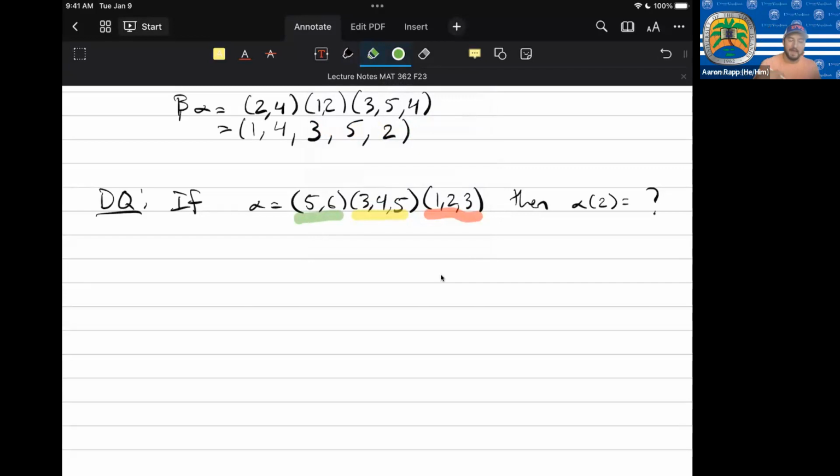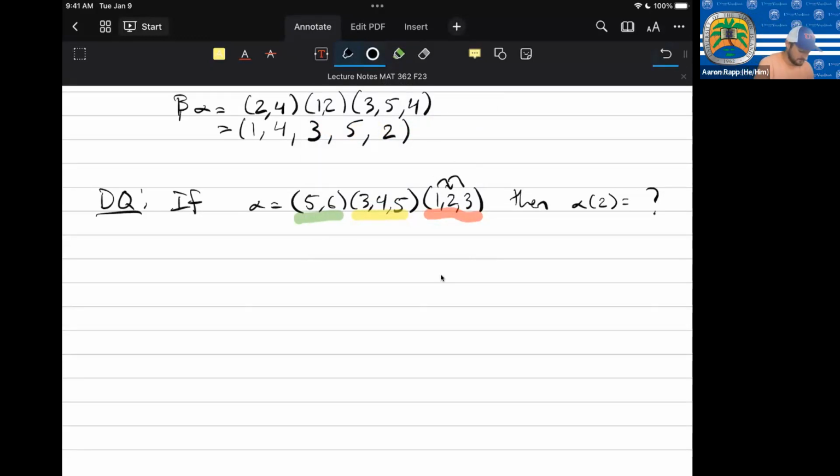And so when I'm passing this input through, I first got to figure out what happens when I pass this input through the first cycle, 1, 2, 3. But remember, once we identify a particular cycle that we're working with, we read it left to right, where 1 gets changed to 2, 2 gets changed to 3, and then if I need to come right back around, 3 gets changed to 1.